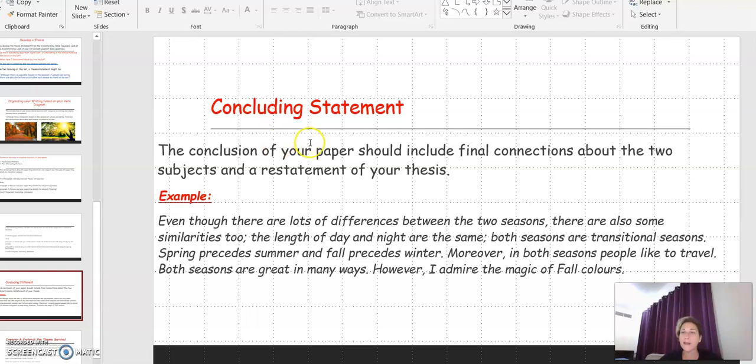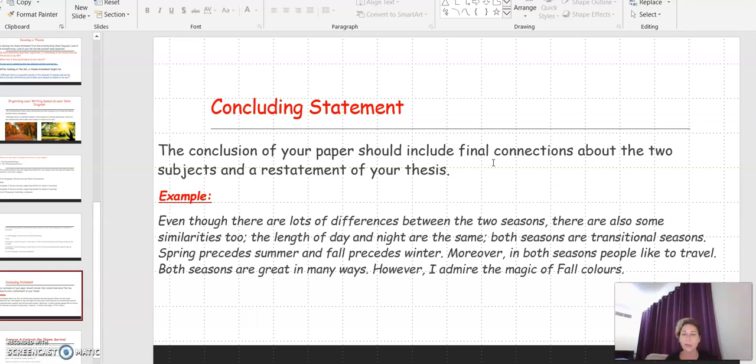Both the divided pattern and the alternating pattern include a concluding statement, of course. In the conclusion, you need to include a final connection about the two subjects. Here, it's more related to the similarities between both. You need to restate the similarities.